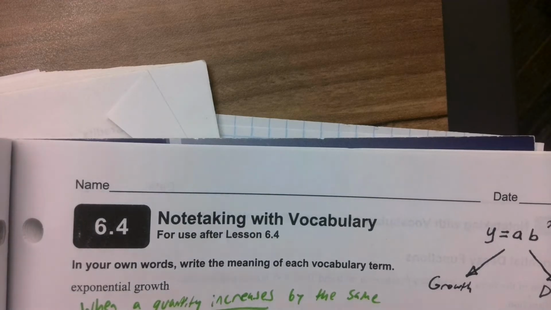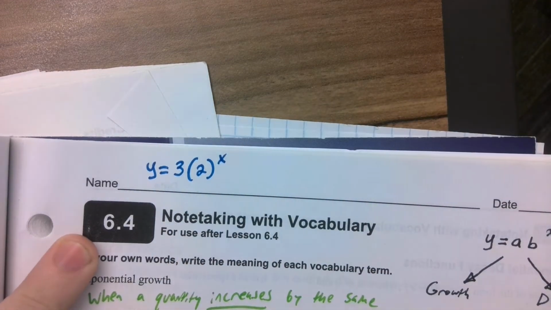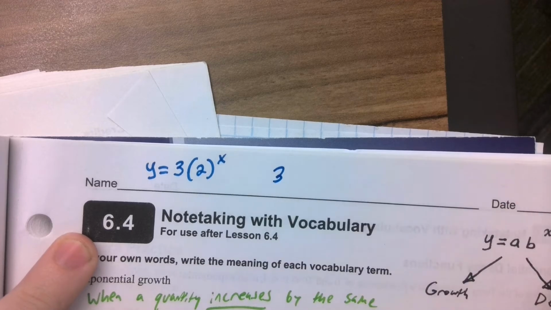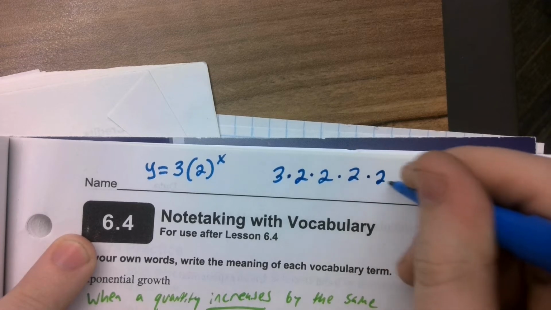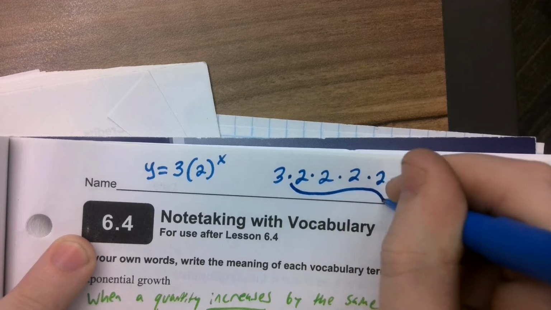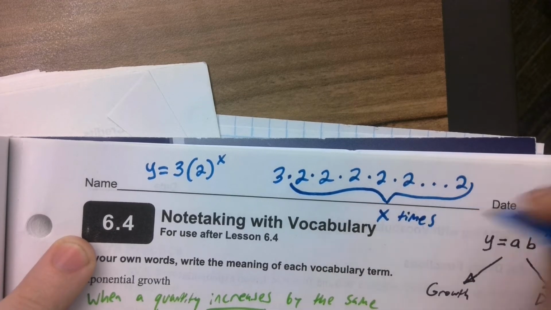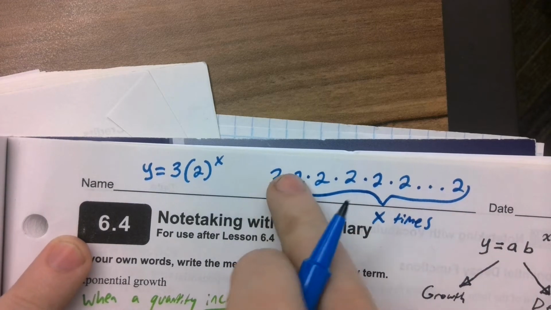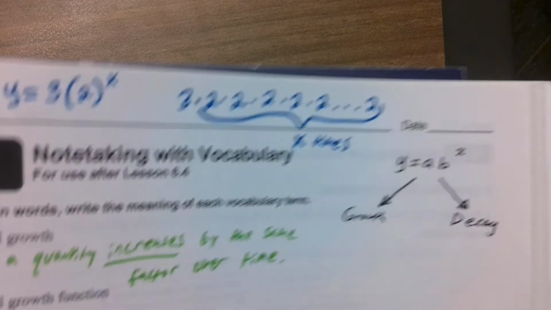For instance, if we started off with the equation y equals 3 times 2 to the x, this would be us saying, okay, take 3, multiply it by 2, then multiply it by 2, then multiply it by 2, then multiply it by 2, over and over and over again, x times. That's what we mean by growing by the same factor. We're multiplying by 2 every time, so it's growing by doubling every single time.